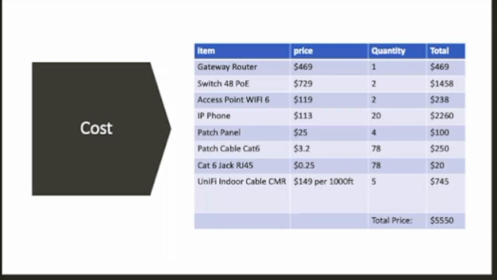Here is the total cost of all the equipment used in this project, which includes 1 router, 2 switches, 2 access points, 20 IP phones, 4 patch panels, patch cable, and Cat6 jack RJ45 and indoor cables, which cost around $5,550. I didn't include the server rack and the redundant switch here. If those are included, it may cost around $6,000 something.